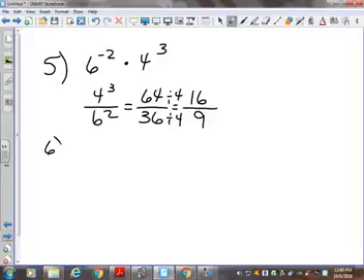That's a little different. And then the other thing that I would like to look at is what do you do if you have a power problem that you can't work, like 6 squared, okay? 6 squared, we can work that because we know that means two 6s, right? Or 4 to the third power, we can work that because we know we can multiply two 4s and then multiply by another one. But what if we get something where the power itself is not something that you can physically do in your head?